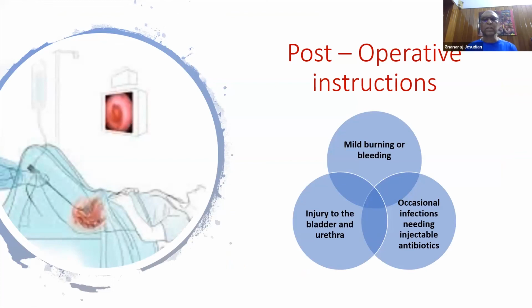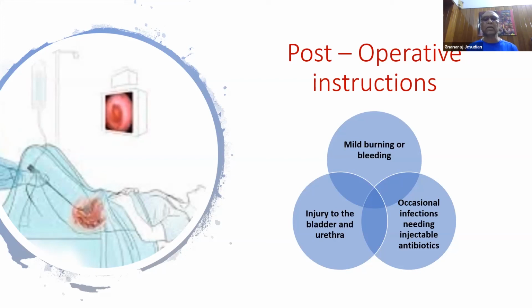And one of the important things which you need to remember after cystoscopy is that it is common to have a little bit of burning while passing urine, minor bleeding, and also sometimes there may be minimal injuries to the bladder and urethra.